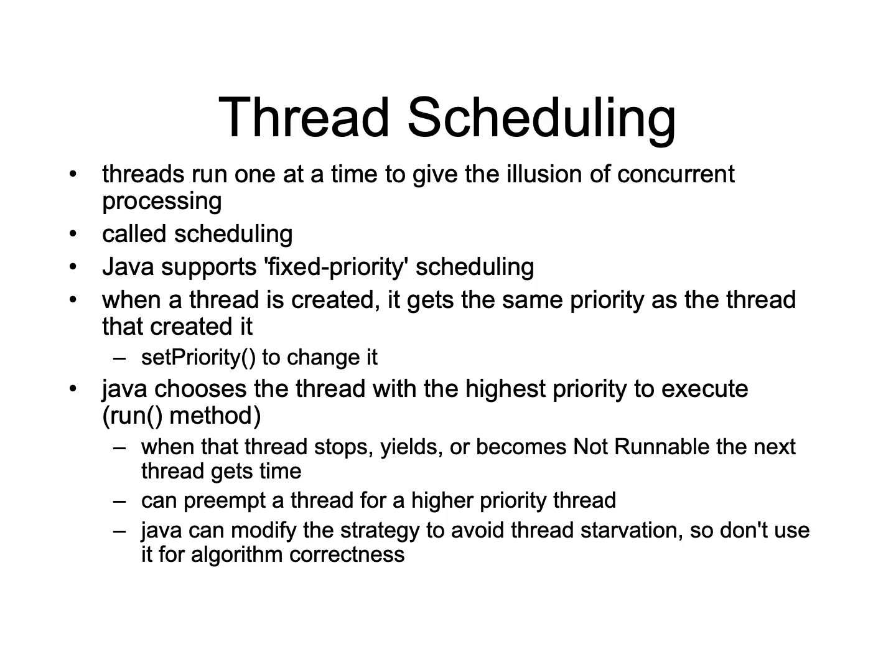Java chooses the thread with the highest priority and executes it. When that thread stops, yields, or becomes not runnable for some reason, the next highest priority thread gets time, and Java can preempt a thread for a higher priority thread that needs time. This strategy can be modified to avoid starvation, so don't assume that this is the strategy all the time.